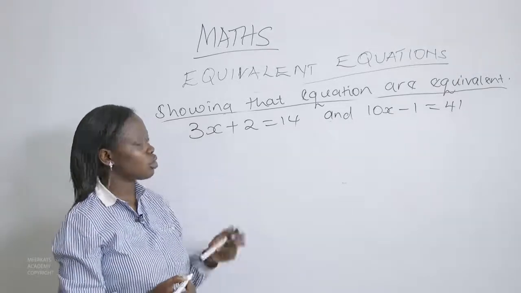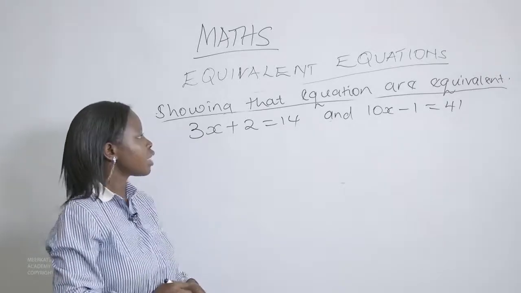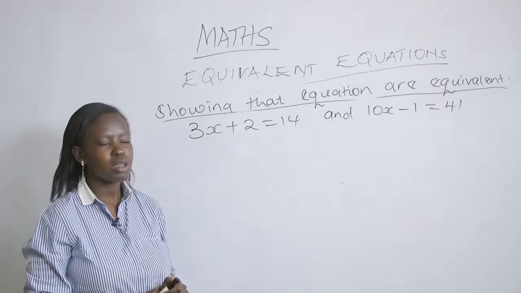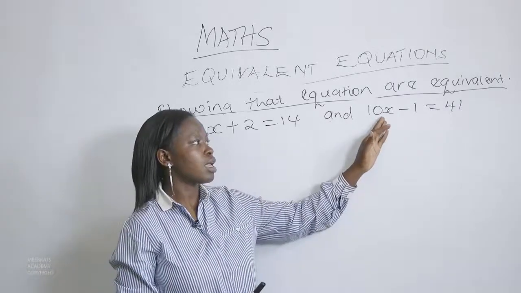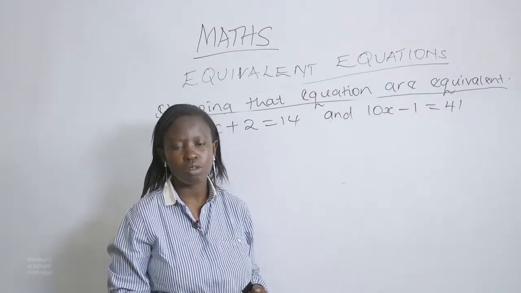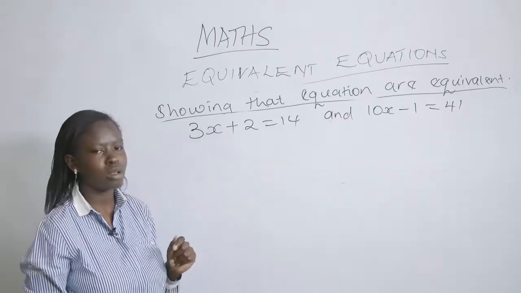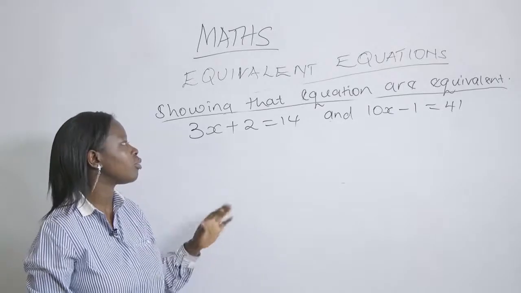Looking at the two equations, we have 3x plus 2 is equal to 14, and the second equation is 10x minus 1 is equal to 41. The two equations look completely different from one another.